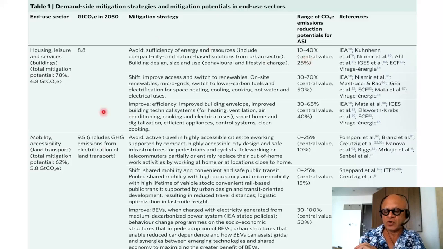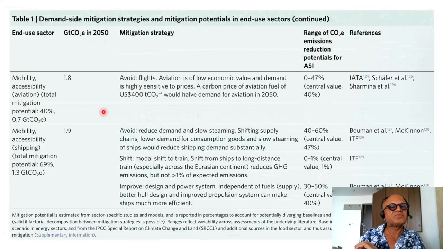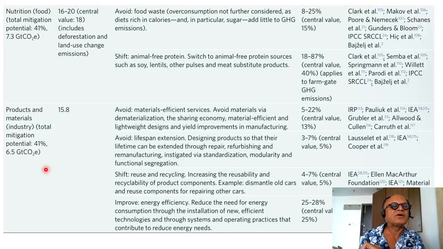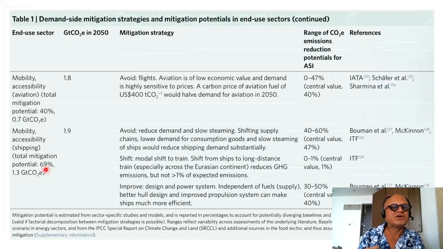I won't go into all of these specific items, but we will go through one of them to get a sense. So here are the end-use sectors: housing, leisure and services, which include buildings, and mobility and accessibility, nutrition, which is food and products and materials.